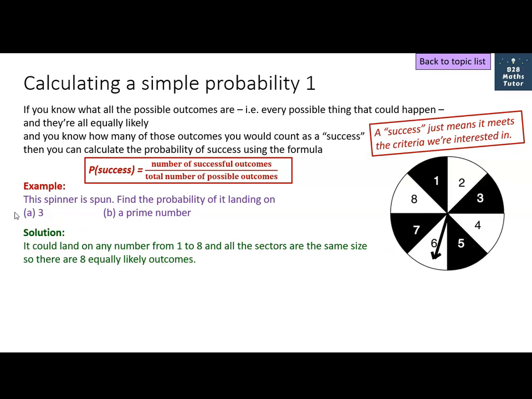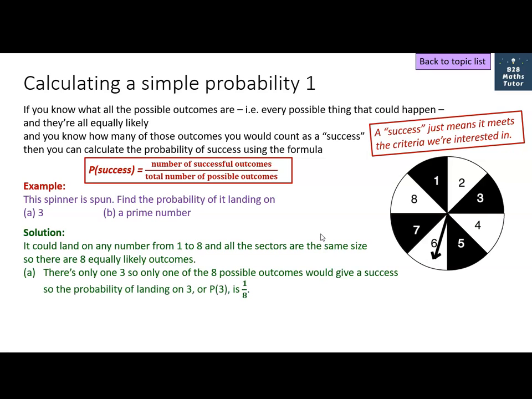So in the case of part A, our criterion for success is that it lands on 3. So there's only one way we can do that out of the 8 possible results. So the probability of landing on 3 is 1 out of 8, 1/8, or 0.125 or 12.5%.